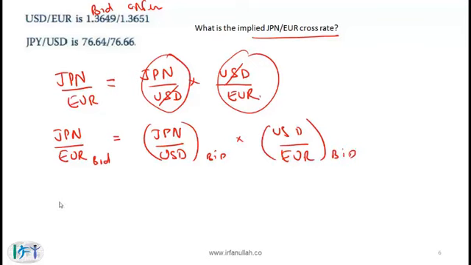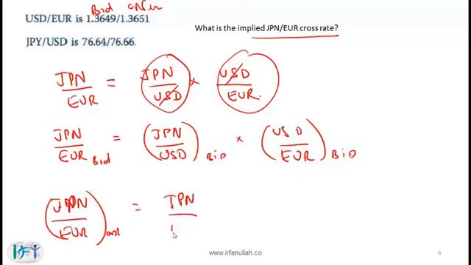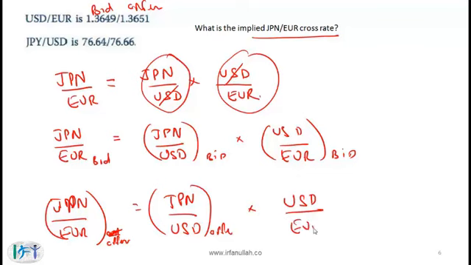And the Japanese yen to euro ask is equal to the Japanese yen to USD ask, or actually the term I've been using is offer. So Japanese yen to USD offer multiplied by USD to euro offer. So this should be easy to remember. When you are calculating the bid, it's the product of the bid and the bid. When you are calculating the offer, then it's the product of the offer and offer.